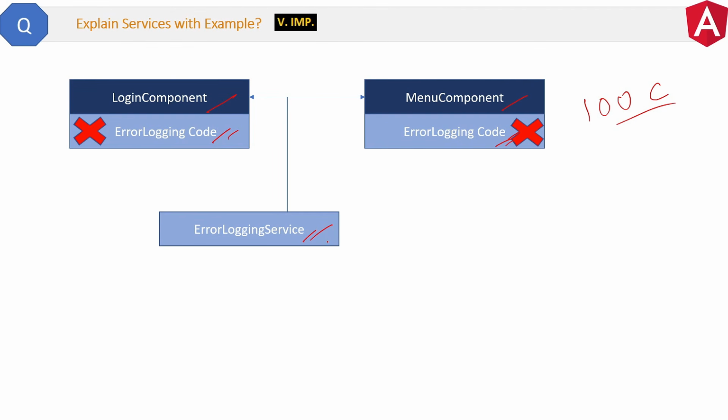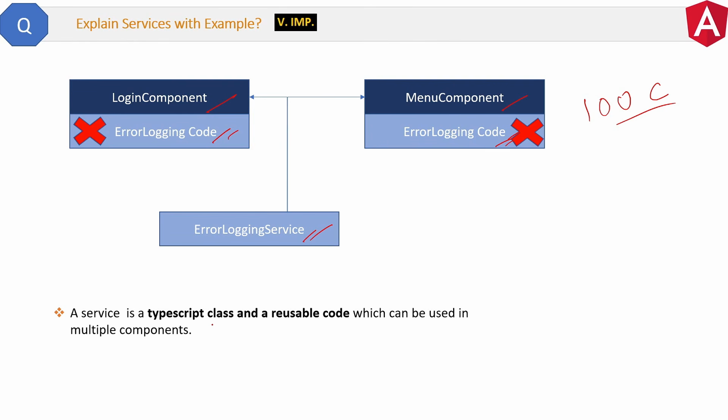That's it. So the simplest answer is, a service is a TypeScript class and reusable code which can be used in multiple components. And a service can be implemented with the help of dependency injection. Therefore, in short, services are used for reusability purpose.